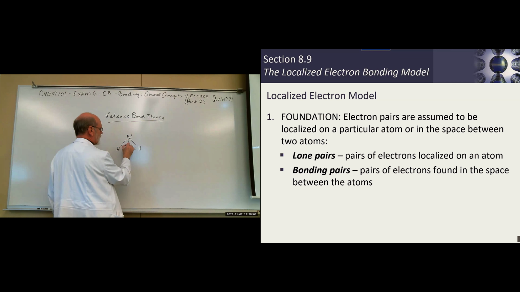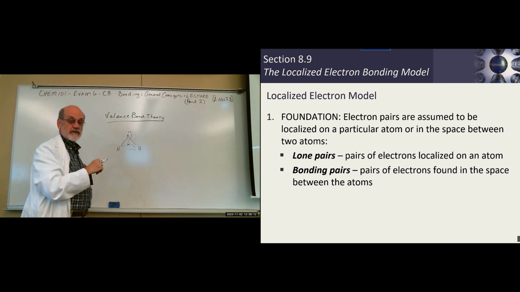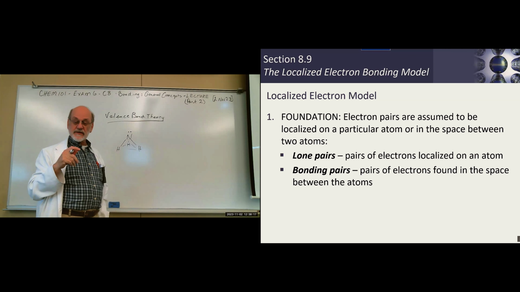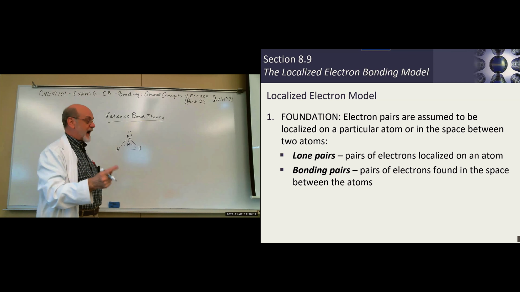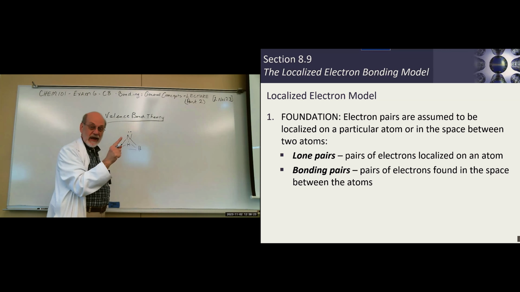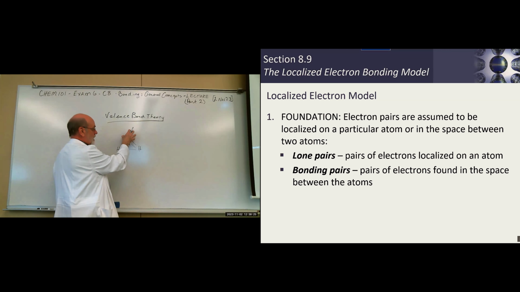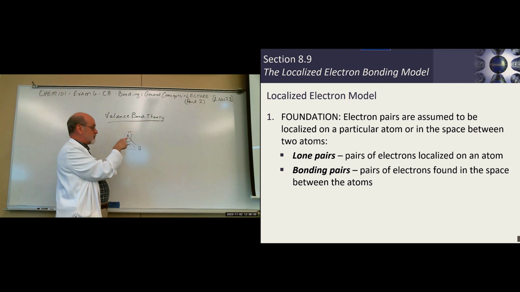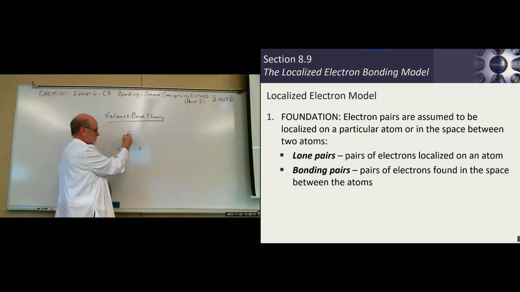So it forms a triangular base, but it also has a lone pair of electrons that are not part of the bond. The localized electron model says those electrons are either localized on that atom, or they're in the bond between atoms. They don't occur anywhere else.